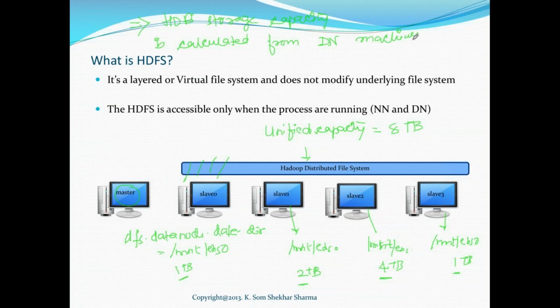And now you understand from where it is calculated: from this particular property. What is the value of this property? Where this particular directory has been created, and what is the capacity there. From there, it calculates the storage capacity.